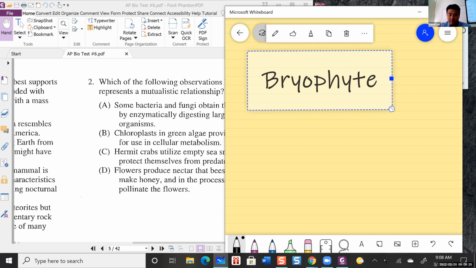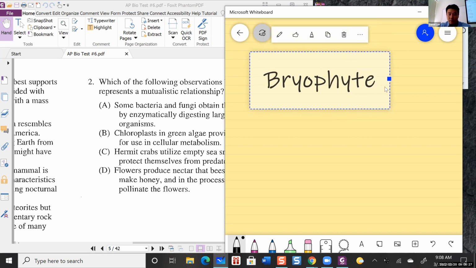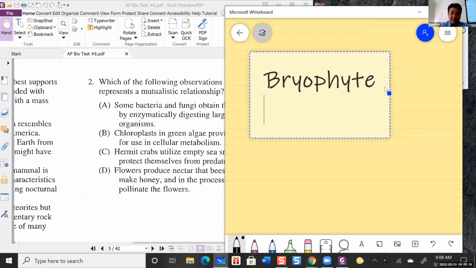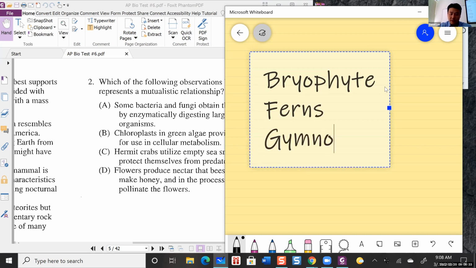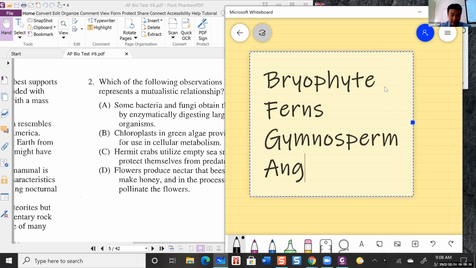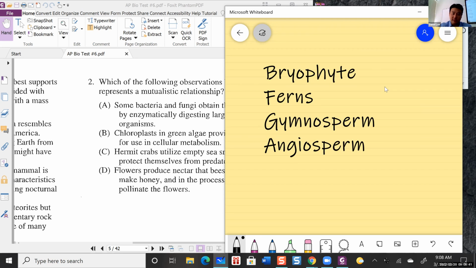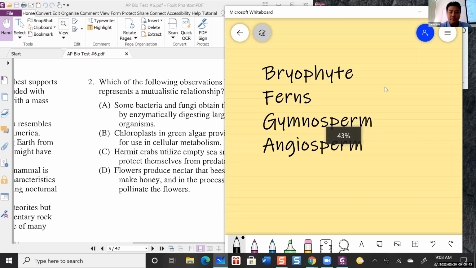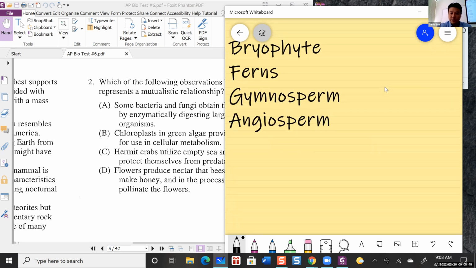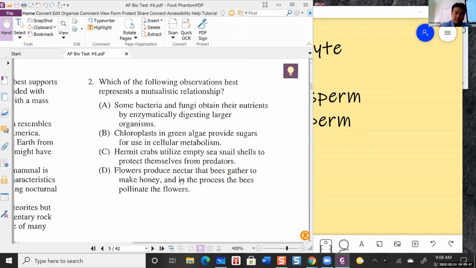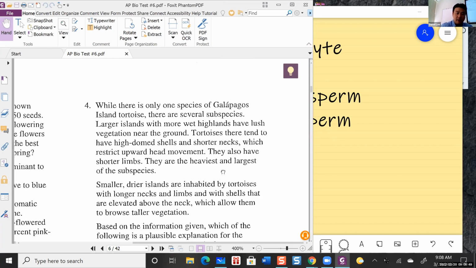Bryophyte, barely a plant. So bryophyte, and then we have seedless vascular plants, and then we have the gymnosperm, and then you have the flowering angiosperm. Okay, so those you can think of as the 4 phyla or divisions in the plant kingdom. Okay, so just know a little bit of those. We'll come back to them if we see more detailed questions about plants.